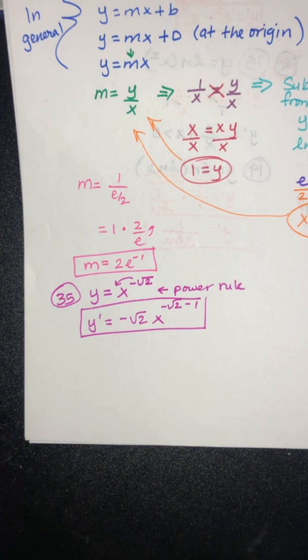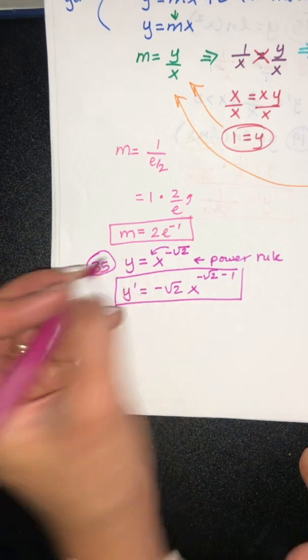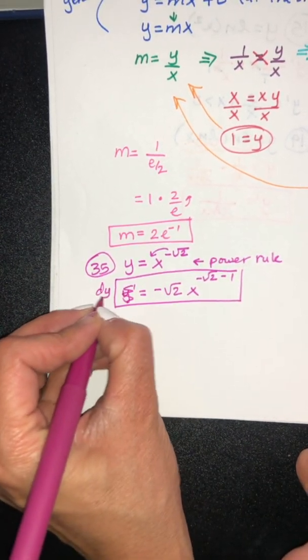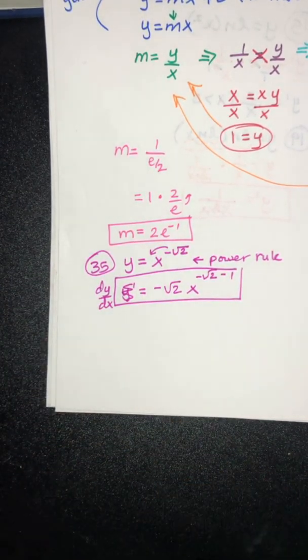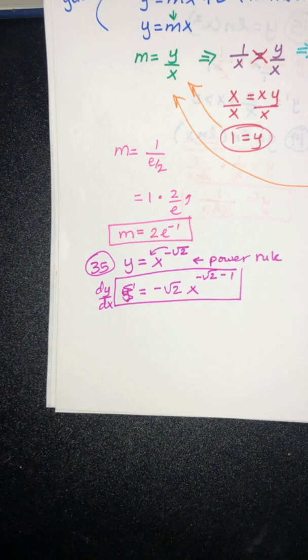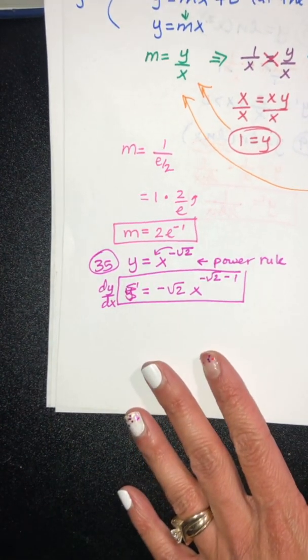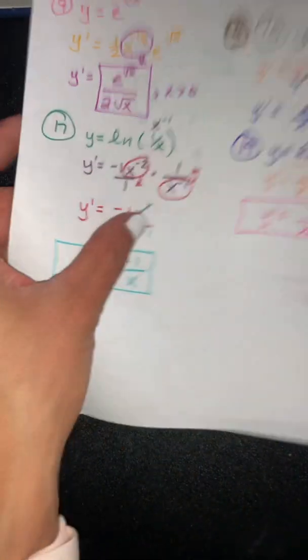And actually, it did say to find dy dx, so when we take the derivative of y, it would just be a 1 dy dx. So I guess I should write dy dx equals instead of y prime equals, but same thing. That's technically what it means. Okay. All right, and that is day 1, I believe. Yep. All right, there you go.